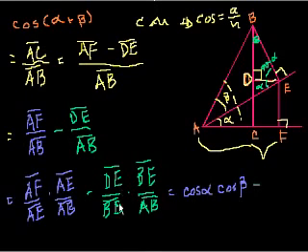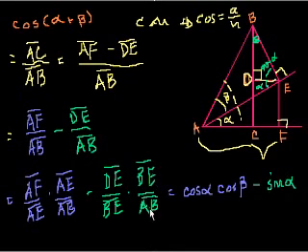Minus DE over BE. Well, this angle is alpha. We showed that was alpha. So DE is the opposite, and BE is the hypotenuse. Opposite over hypotenuse is sine, so that's sine of alpha.